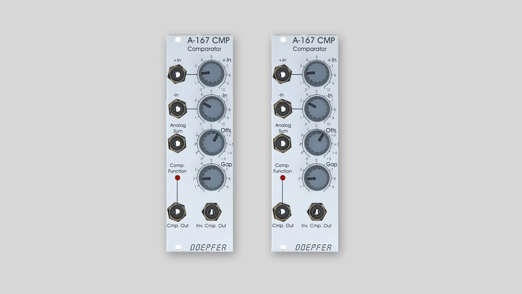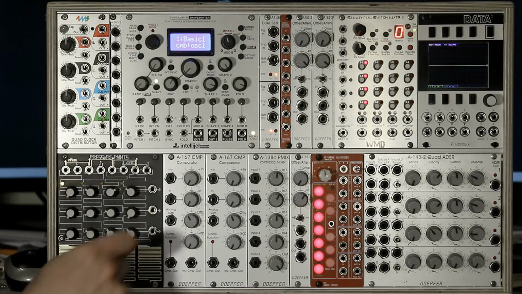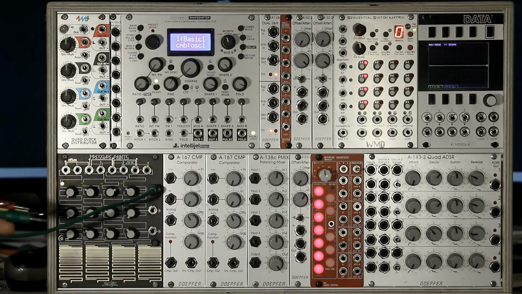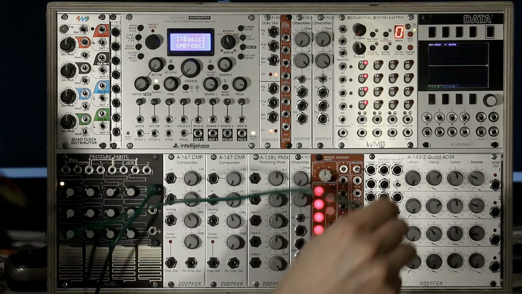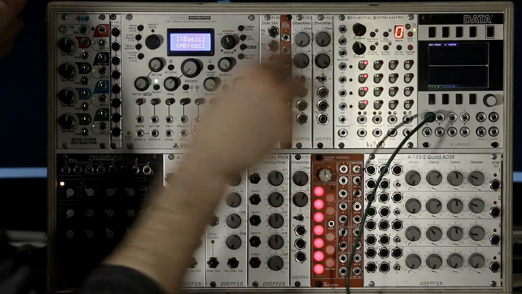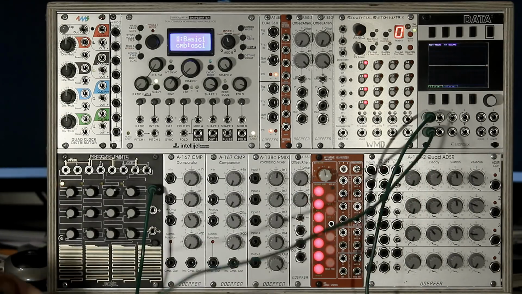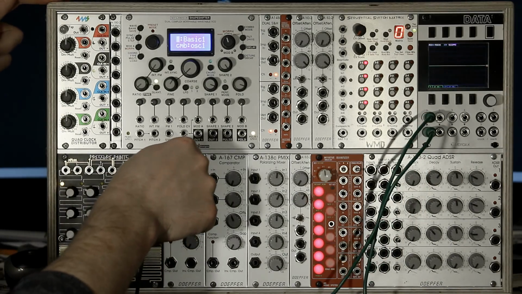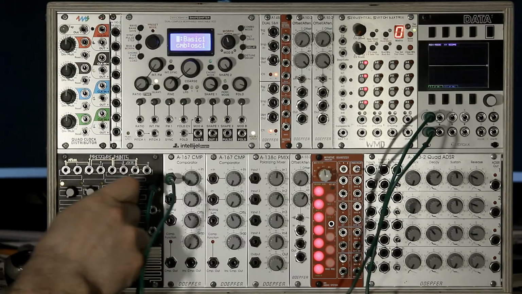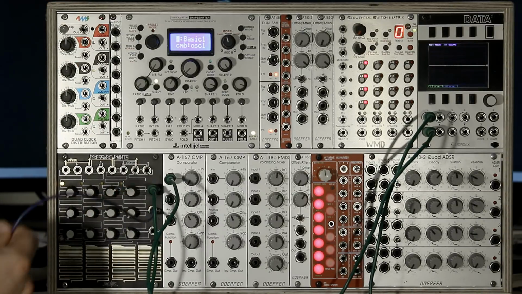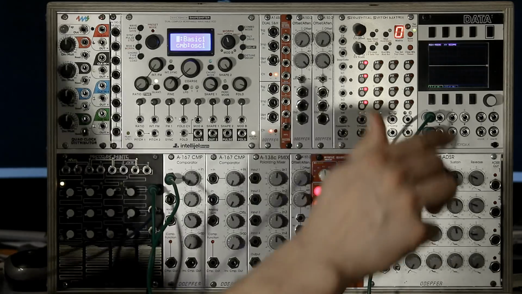But let's firstly go through the basics of using a comparator. We will use static voltages from 2 channels of Pressure Points and visualize them using Data. Green channel is going to be controlling the first input of the comparator, and blue channel the second input of the comparator.